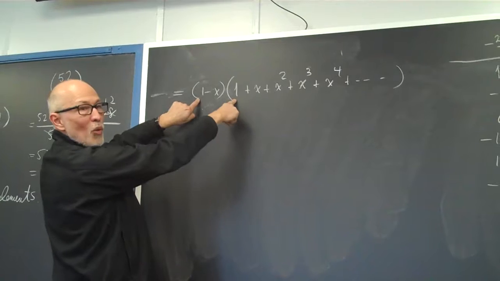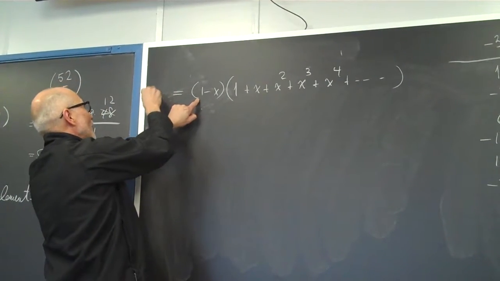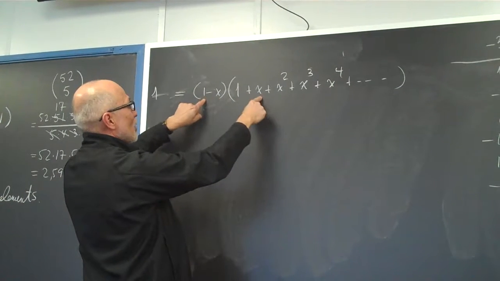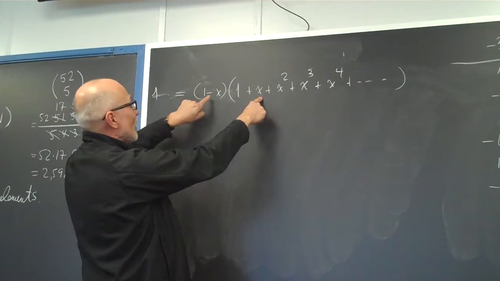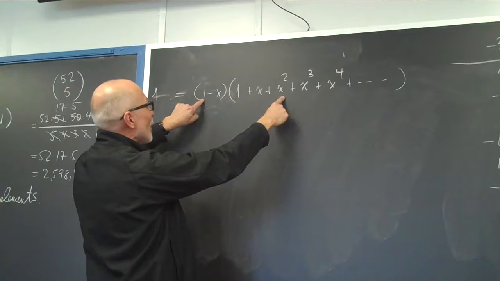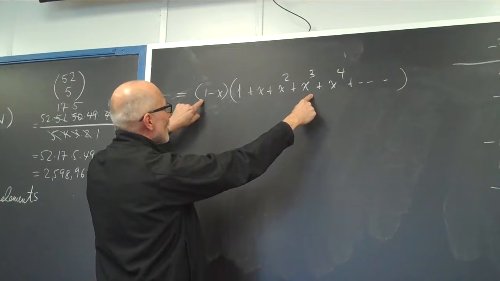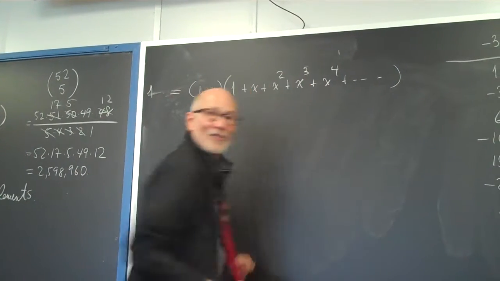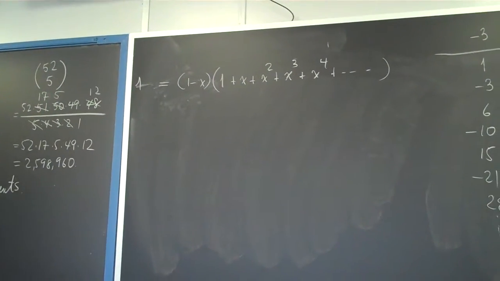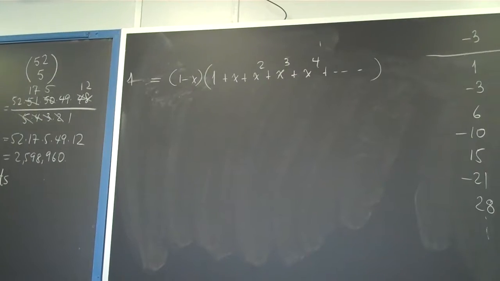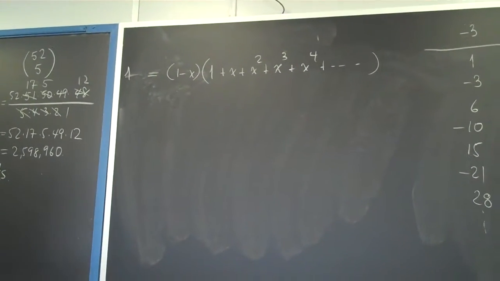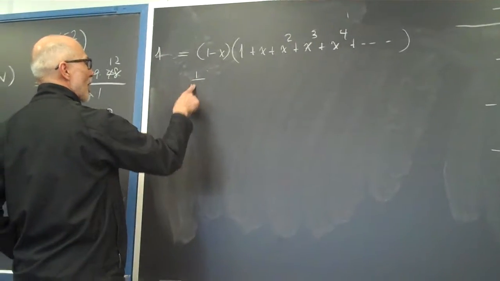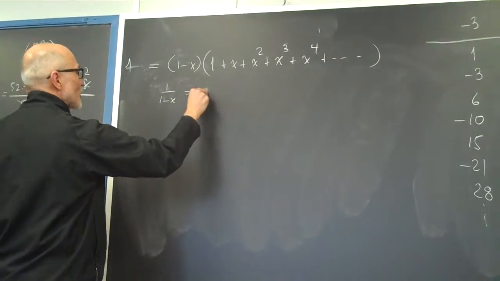Let's see, this gives me 1. And now notice, this plus this is 0. This plus this is 0. This plus this is 0. This plus this is 0. So you get this nice pattern that goes on, and so those are equal to each other. That tells me, of course, that 1 over 1 minus x is equal to this.